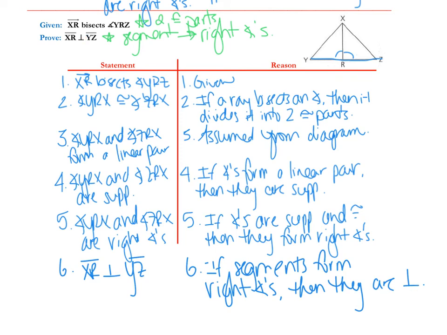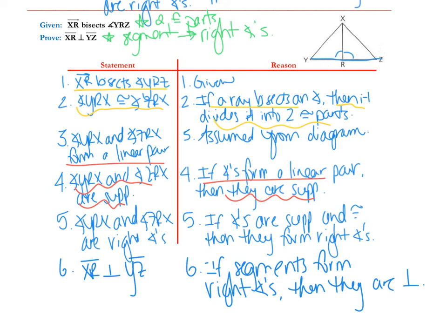Okay, I hope you guys are starting to make the connection that this statement is the if part. Then the next statement is the conclusion part. Okay, if we jump down, we have that this is the statement. That's the if part. The next statement, supplementary. They are supplementary. And we could keep going on like this, right?